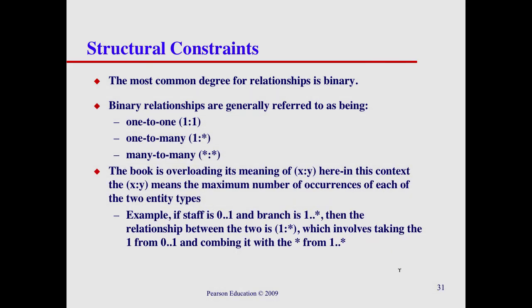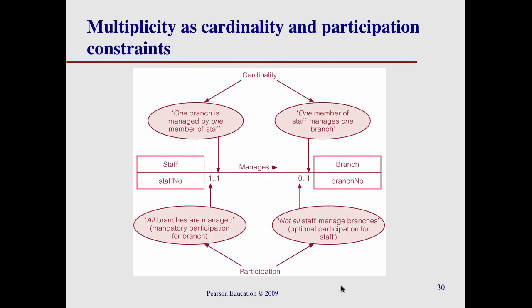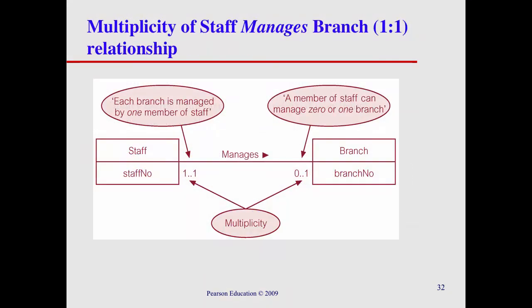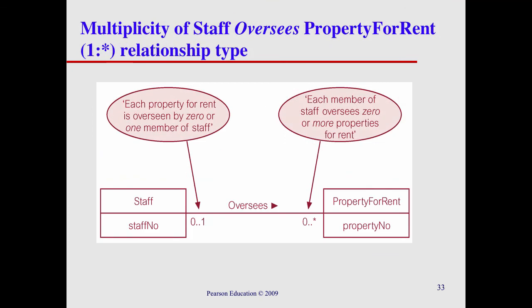So we say that the manages relationship is one-to-one because the maximum cardinality of each is 1. That's a one-to-one relationship. This property relationship is a one-to-many because one staff member is the maximum on the staff side, but star is the maximum on the property side.